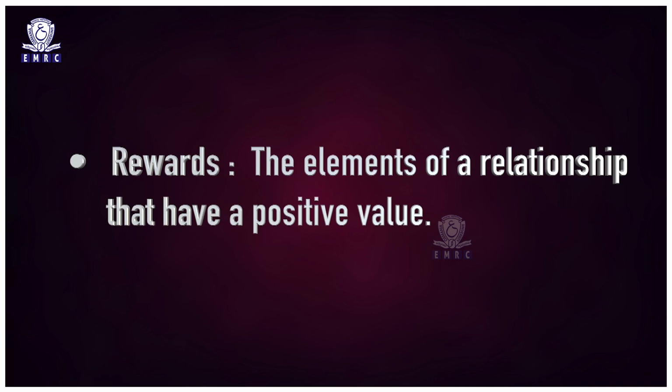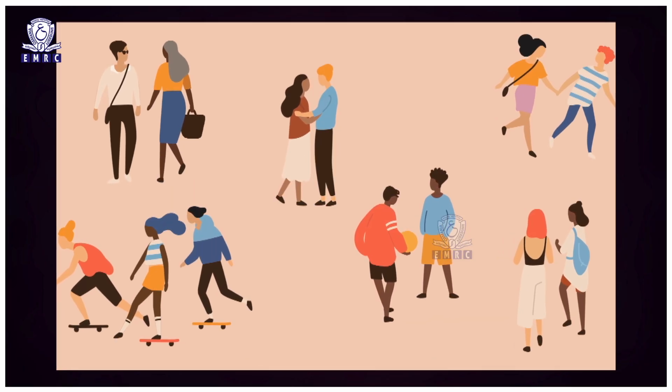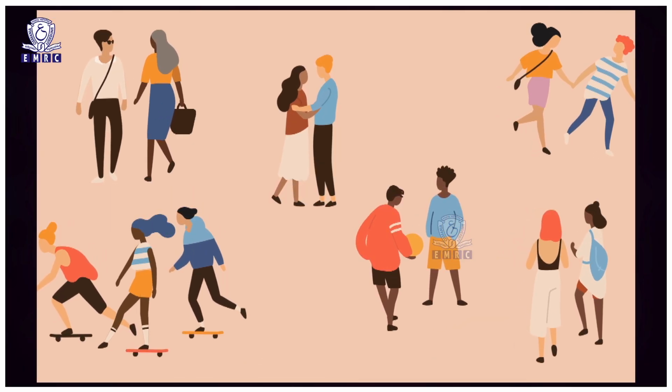Costs can be time, money, effort, etc. Rewards are the elements of relationship that have a positive value. Rewards can be sense of acceptance, support and companionship, etc. As with everything dealing with the social exchange theory, it has its outcome, satisfaction and dependence of relationships.